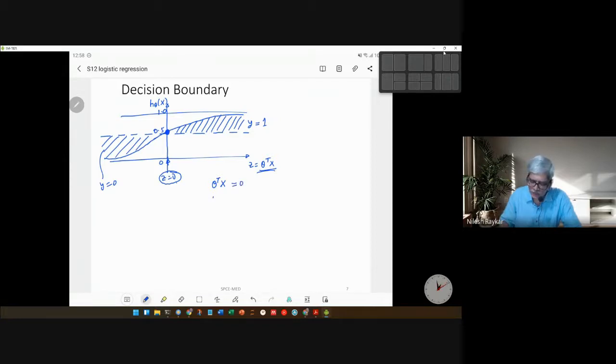This will be theta 0 plus theta 1 x1 plus theta 2 x2 plus and so on, and we are equating that to 0. For simplicity, let's consider only a two variable problem, just for understanding, where there are two features, x1 and x2.